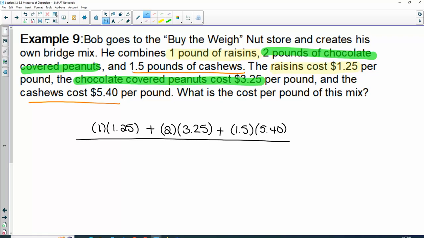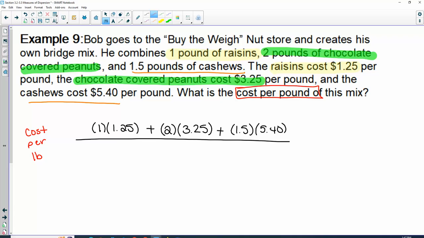On the bottom, we have to decide what we're dividing by. It's the total, but it always confuses people. Is it the total number of pounds or the total cost? So if you're stuck by that, look right here. The cost per pound. In a fraction, we have our numerator, the division is like the per, and our denominator. So the bottom should be the total number of pounds that we have.